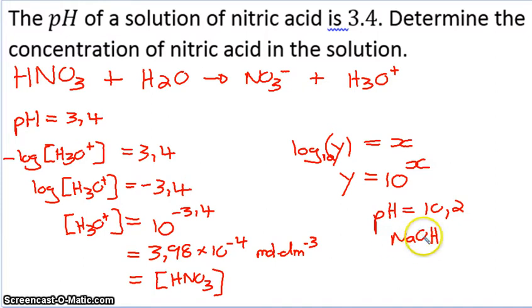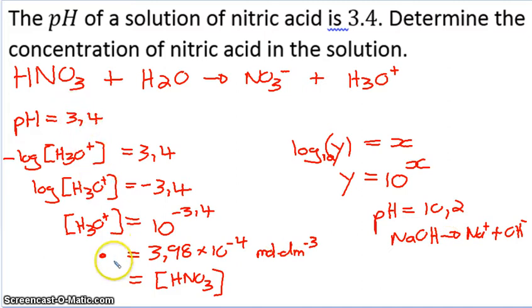Calculate the concentration of sodium hydroxide. And you'd follow this exact same procedure, except when you get to this step, you've now got the concentration of hydronium. Yet you know sodium hydroxide would react or dissolve in water to produce the hydroxide ion.